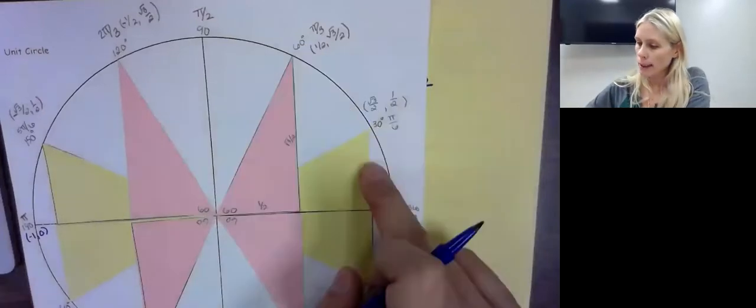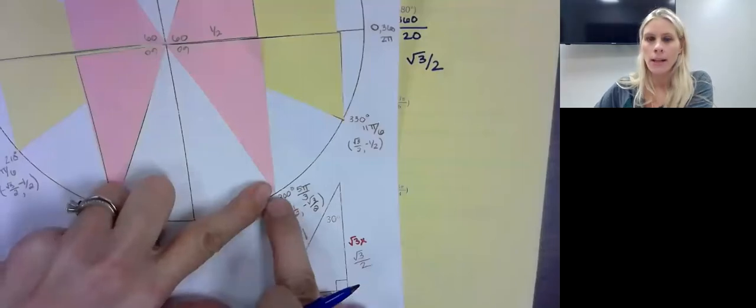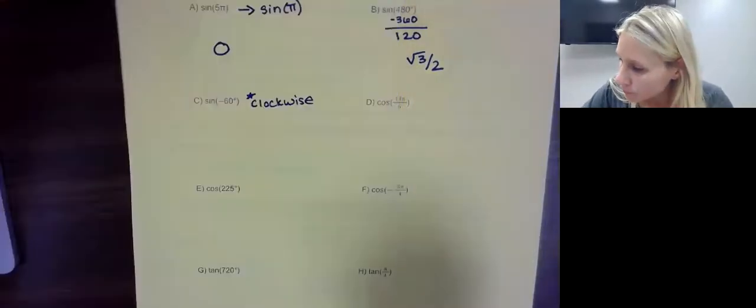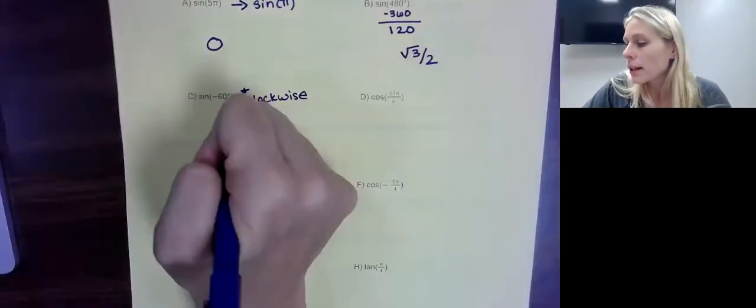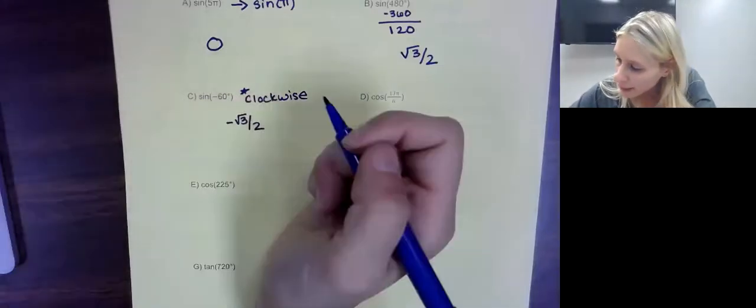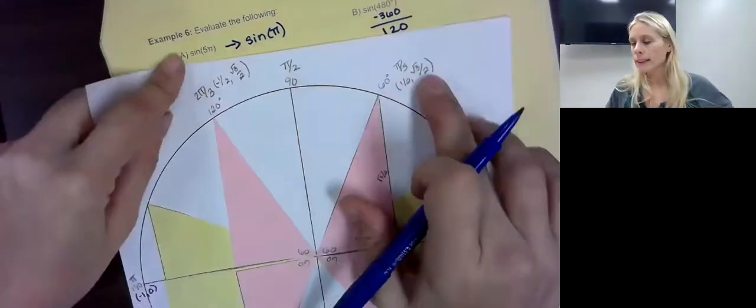So if we go opposite, we're right here, and we're looking for sine again, and sine is negative square root of 3 over 2. Now, the other thing you could have done is go back to the symmetry, and remember, sine of negative theta is the same thing as negative sine of that theta. So you could have said, hey, sine of 60 is here, but it's negative of that. So there's a couple ways.